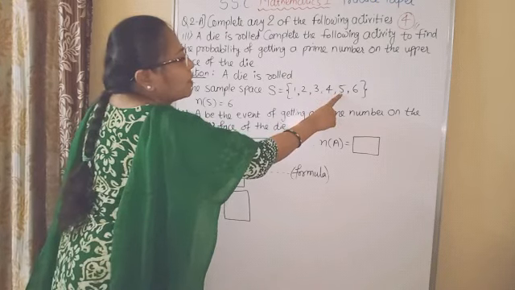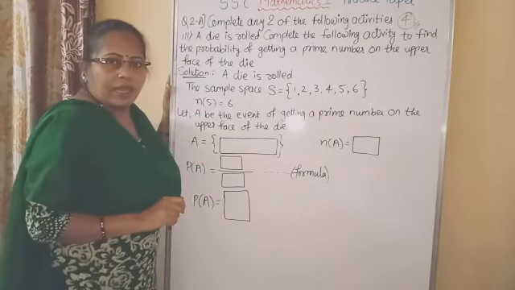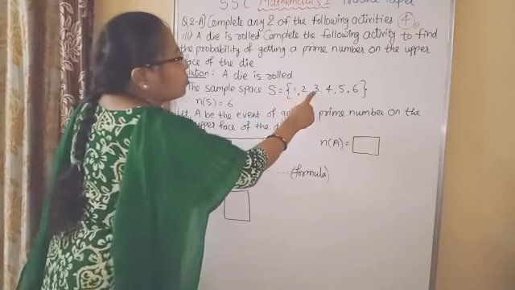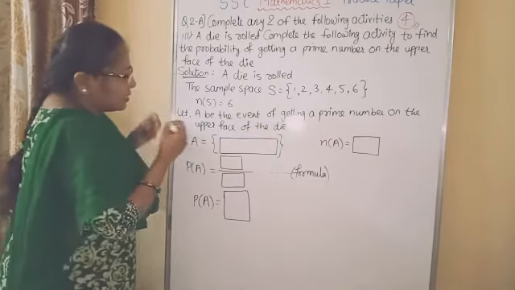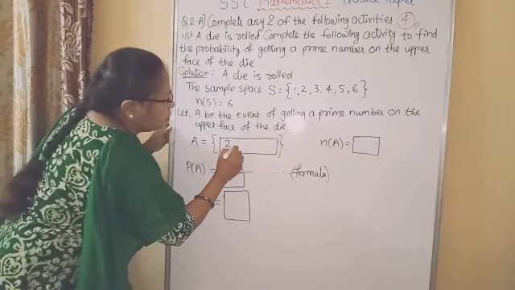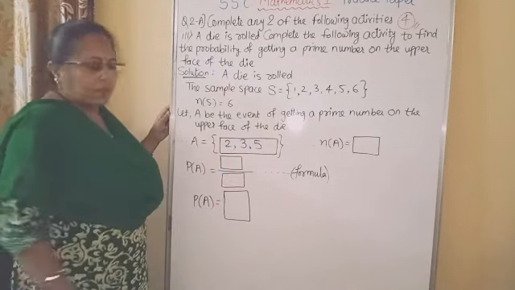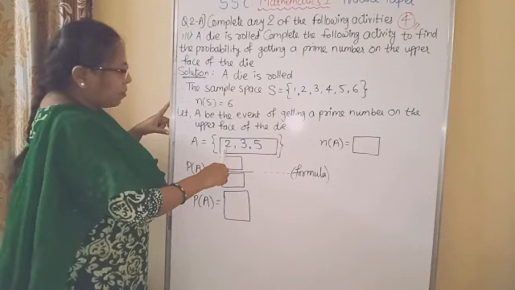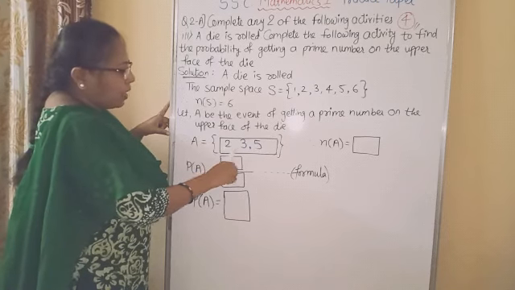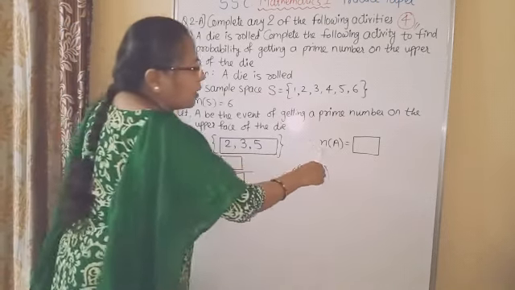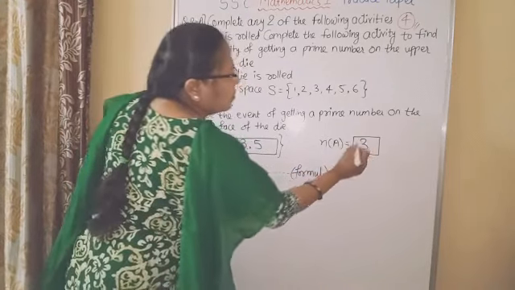And next prime number is 5. Okay. So the prime numbers are 2, 3, 5. We have to write here their numbers 2, 3, 5. So how many sample points of event A we have? 1, 2, 3. So therefore n of A is equal to 3.